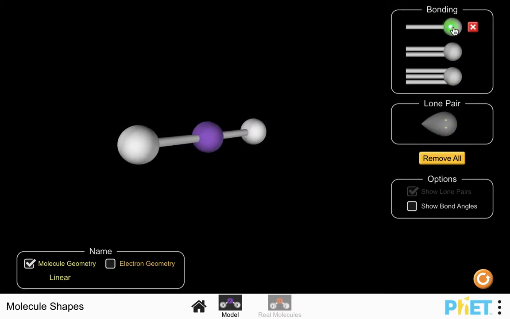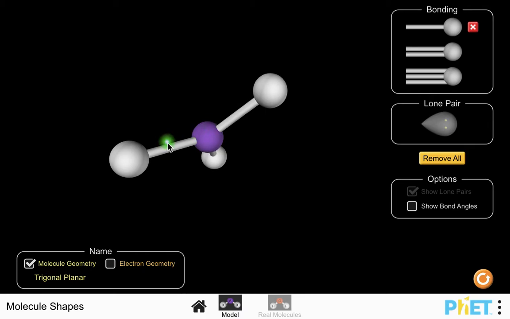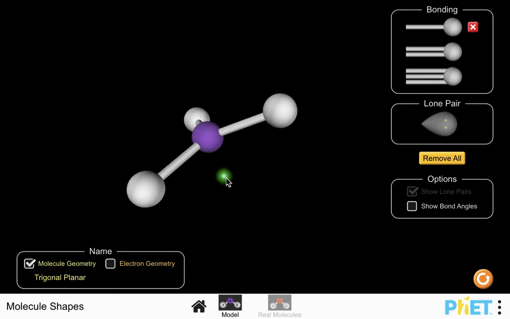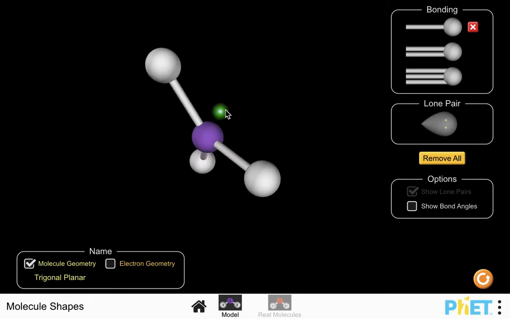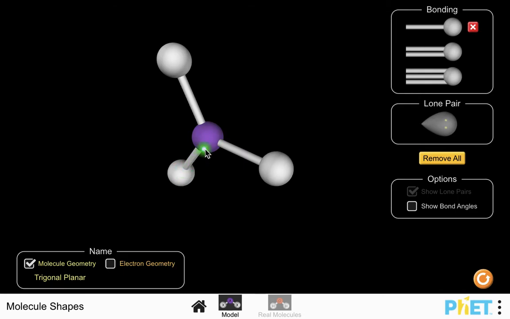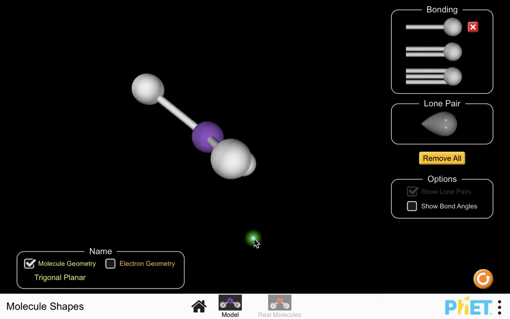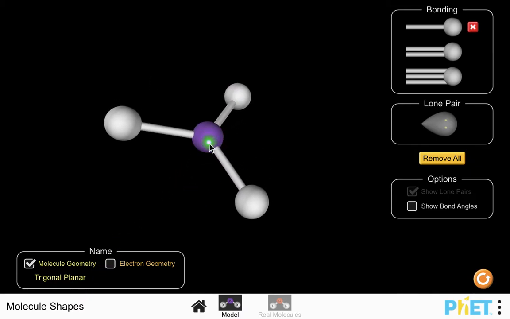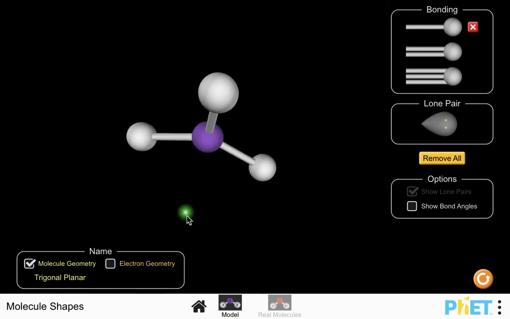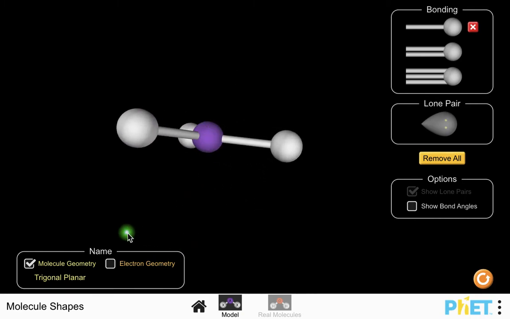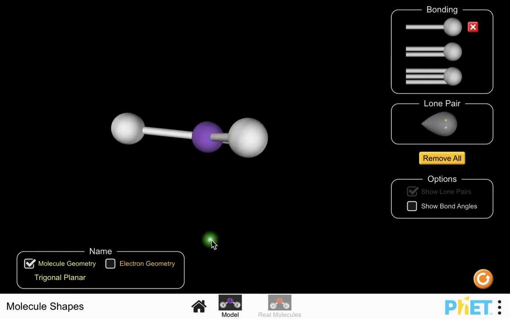Okay, let's say that I had another bond. Now you can see that this, and the example that I'm going to show you in the notes is boron trihydride. Remember, boron only has 3 pairs of electrons around it. There's no lone pair. This shape is called trigonal planar. And you can see trigonal because it's like 3 points of a triangle. And it's planar because all of the atoms are in the same plane.